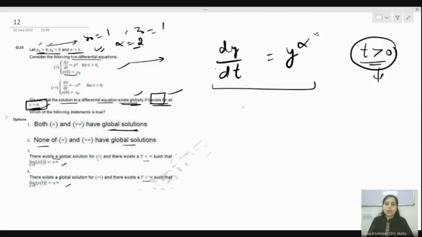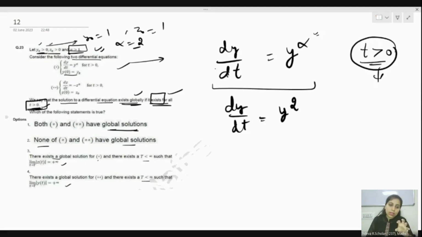So now the equation becomes dy upon dt is equal to y square. If they are asking about alpha greater than 1, that means the whole situation is same. You can take any alpha greater than 1, it will give you the same behavior. Because there is no confusion in the options. Either the option will say it is a global solution for all alpha, or none of them is global.